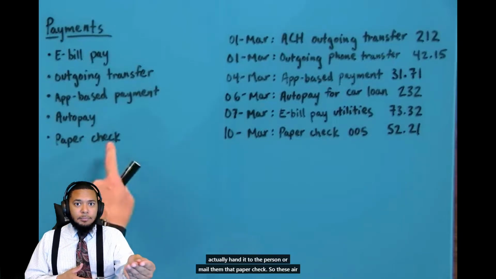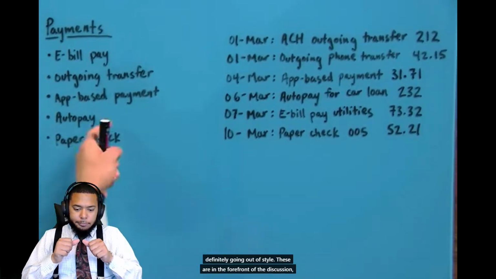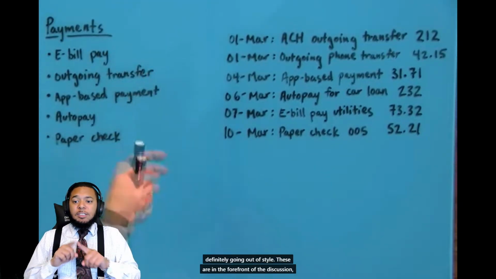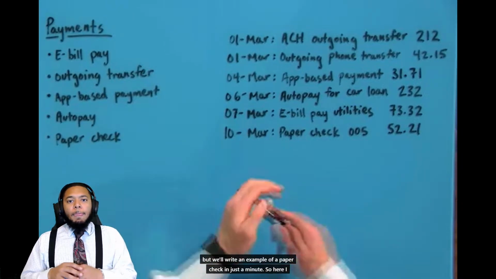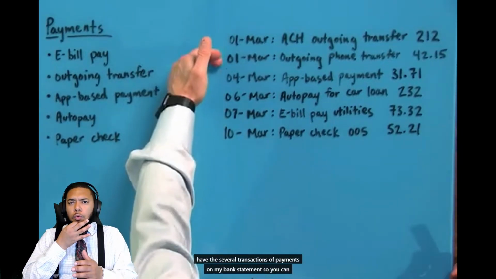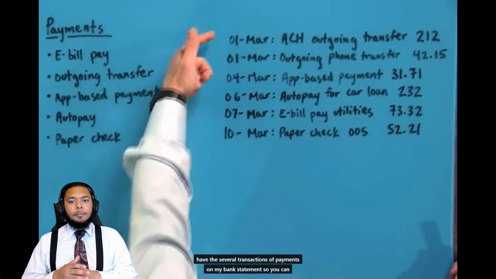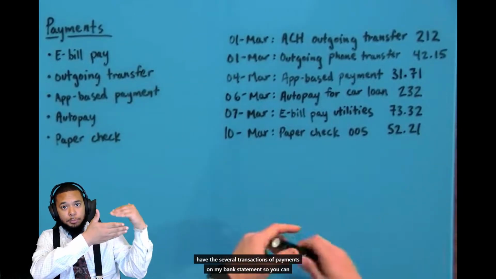A paper check requires you to find your checkbook, write it down in pen, and then actually hand it to the person or mail them that paper check. So these are definitely going out of style. These are in the forefront of the discussion, but we'll write an example of a paper check in just a minute. So here I have the several transactions of payments on my bank statement.